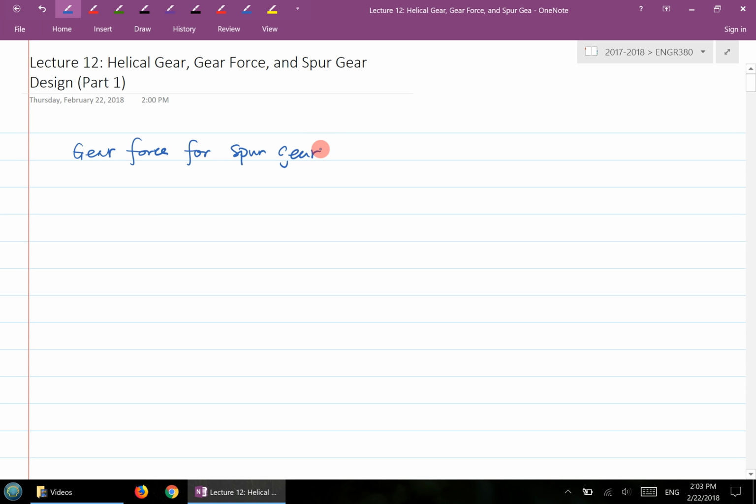So when you have a spur gear, chances are you have a pinion trying to drive a gear. One smaller one trying to drive a relatively bigger one. The direction of rotation is this way, and then this one will rotate in this direction.